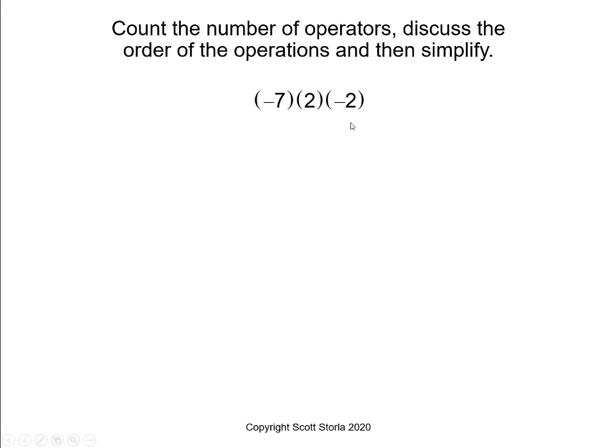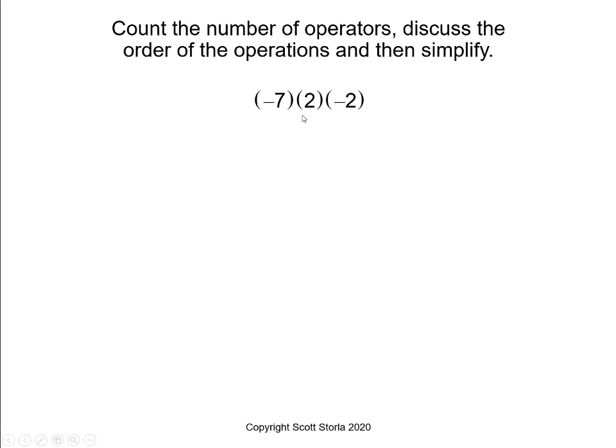I'm supposed to count the operators, discuss the order, and then simplify. Notice I have two operators. I'm multiplying twice. That's what the parentheses are telling me. Because I need to multiply left to right to follow the order of operations, I would first multiply negative 7 and 2.